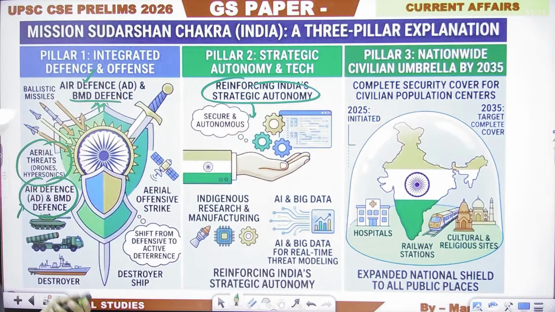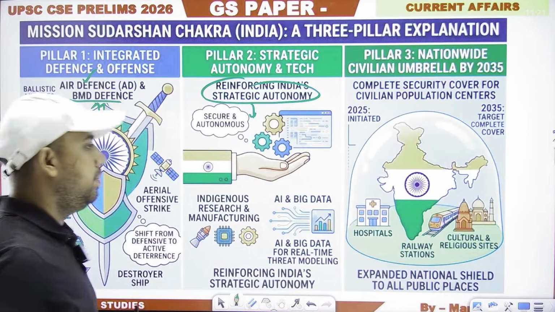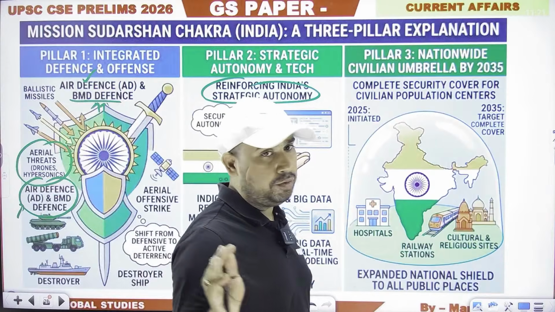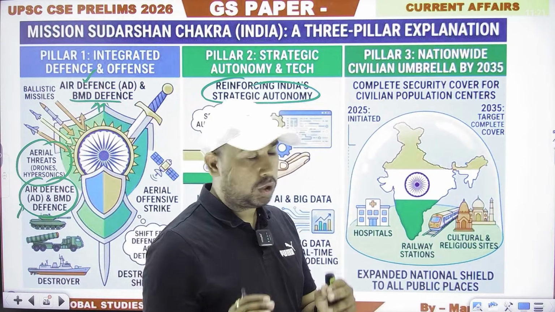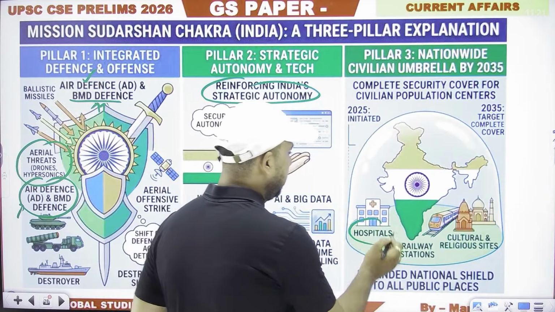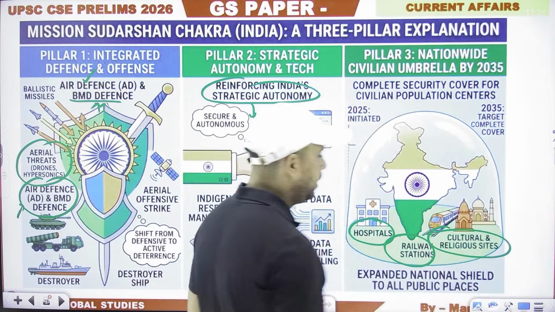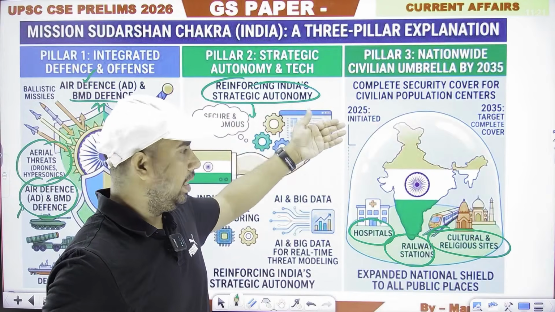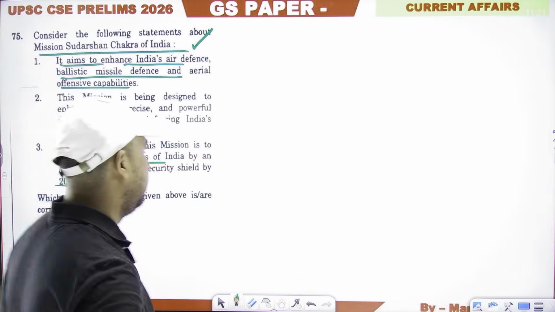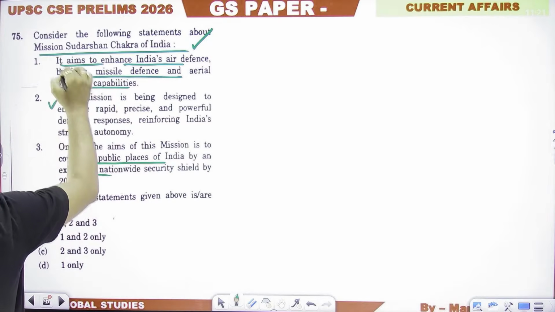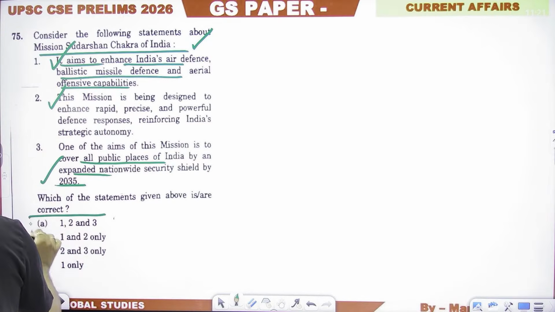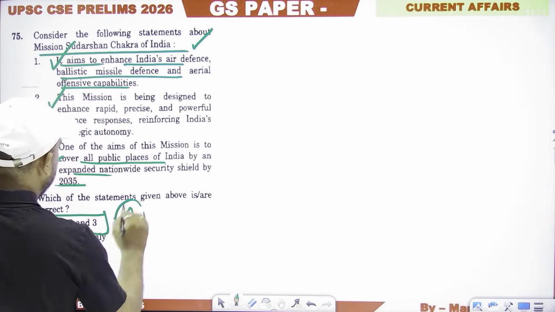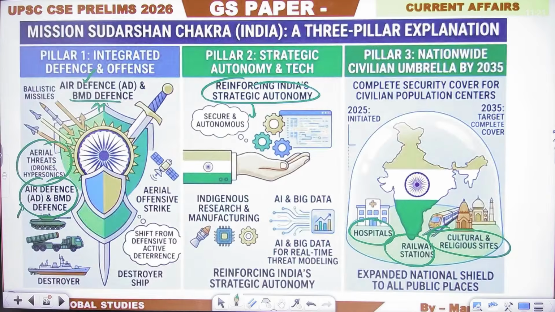So India is working on different technologies to get strategic autonomy. In his speech, the Prime Minister was referring that all the important places of India like hospitals, railway stations, cultural and religious sites will be protected by 2035, and the target will be committed, and it was initiated in 2025. It means that these three statements are absolutely correct. So go with the A option, 1, 2, 3 are correct. Now we move towards the next question.